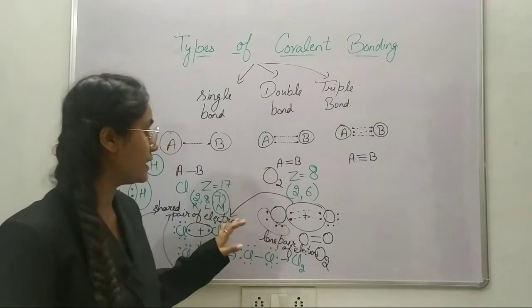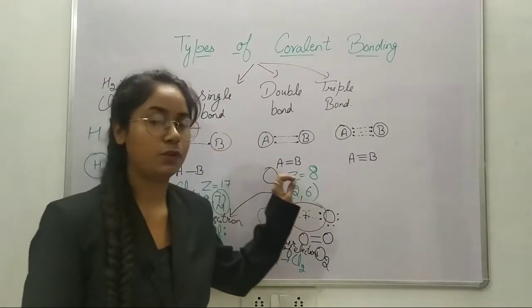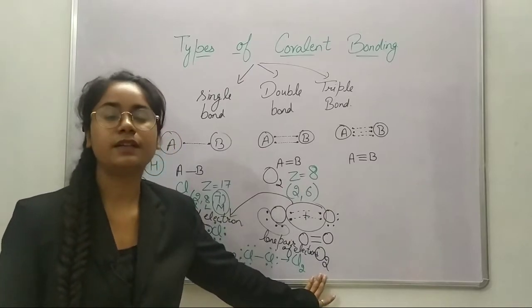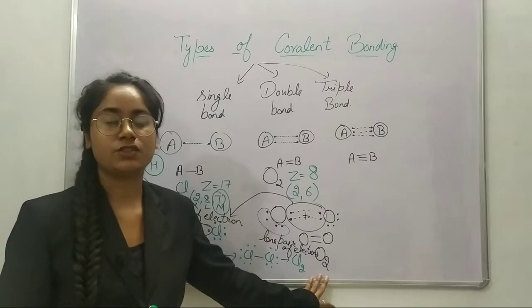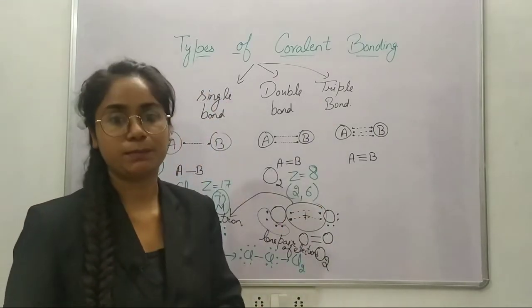So that's why we can say, due to its valency of 2, due to sharing of 2 electrons with the other atom and making a double bond, oxygen is what? Divalent. Oxygen is divalent.